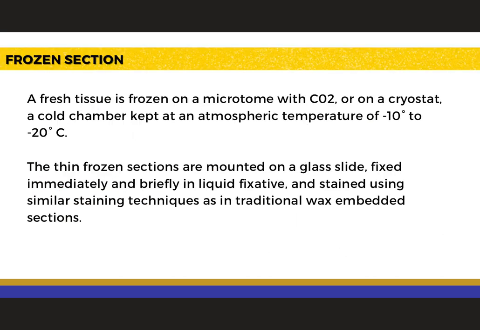Now, let's thoroughly discuss your frozen section. Again, what is the purpose of the frozen section? First is for rapid diagnosis of tissue. And second, this is recommended for lipids and nervous tissue elements.